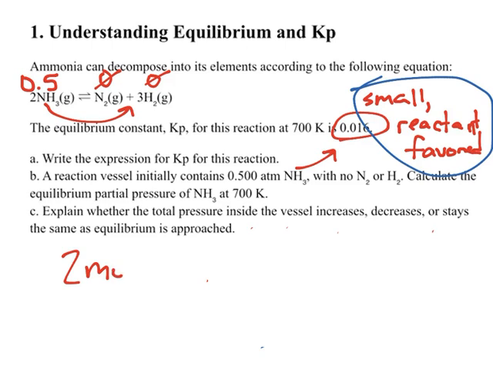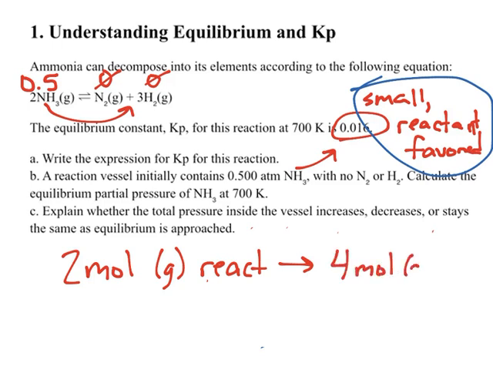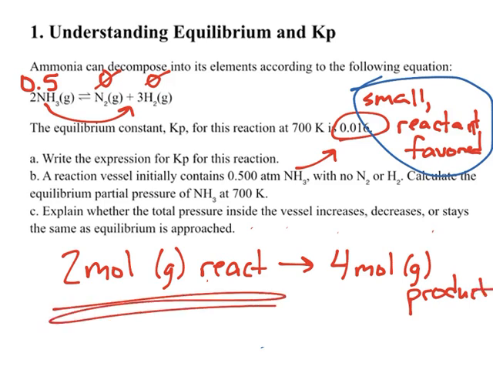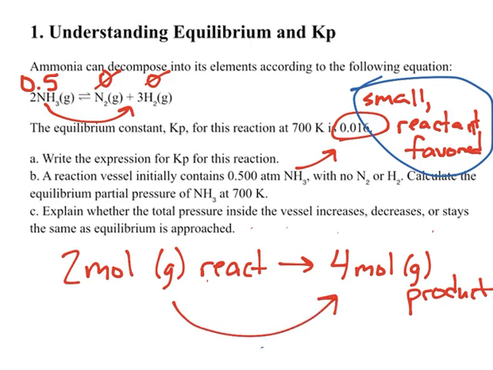We'll take a look at your coefficients. You have 2 moles of gaseous reactant, and that's becoming 4 moles of gaseous product. So it doesn't really matter how much of this side we lose. For every piece of that side we lose, 2 moles are disappearing, but 4 moles of gas are being produced.